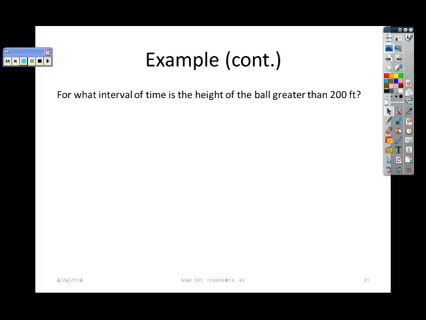Okay, here's one using that same information. For what interval of time is the height of the ball greater than 200 feet? What does that phrase "greater than" imply? What type of mathematics are we going to be looking at if we're doing greater than?